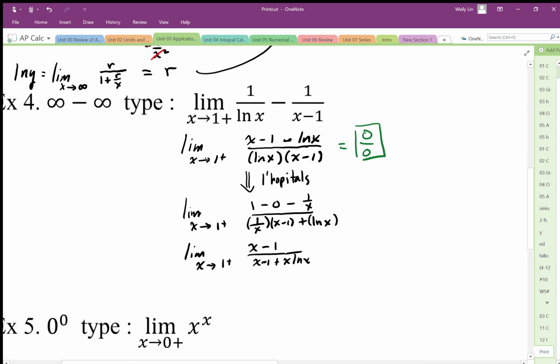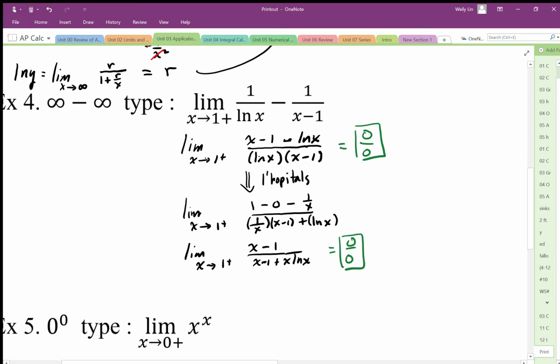Plugging in, I end up with 0 on top, and 0 plus 1 times 0 on the bottom, so I still have this 0 over 0 term.